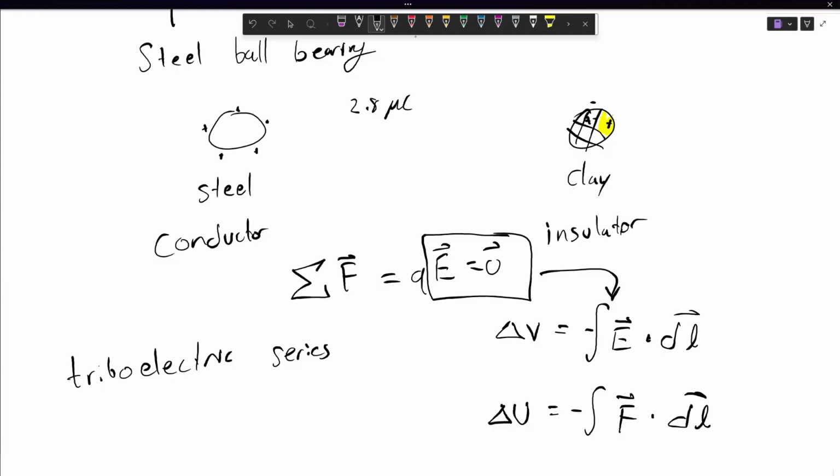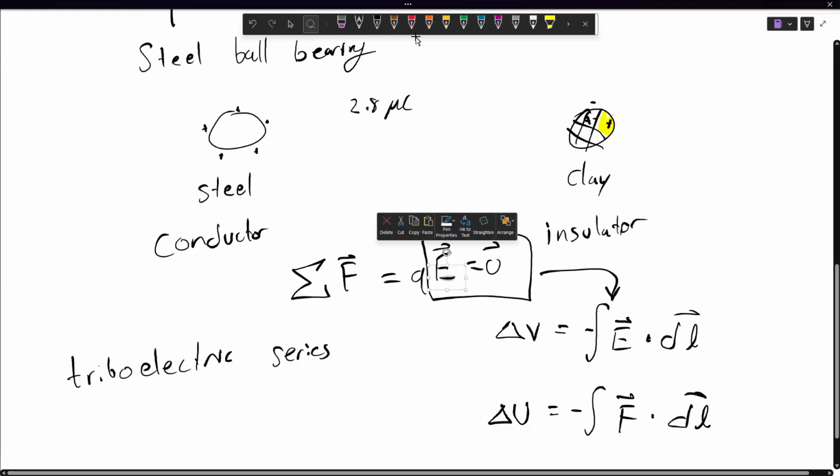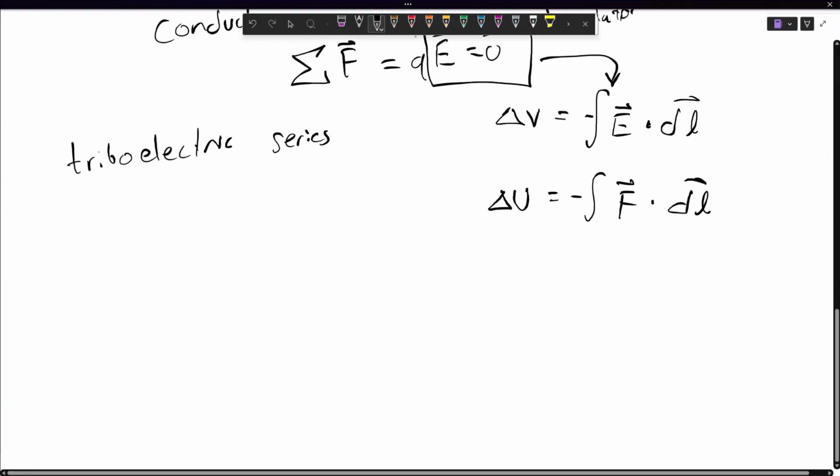So every single chunk of the conductor is at the exact same voltage if it's in an electrostatic equilibrium. That's going to come back up again and again as we go through pretty much every portion of this course. These fundamental properties are really embedded and ever present throughout everything that we're going to be doing. Okay, so the next pieces that I want to chat about are those other methods of charging.